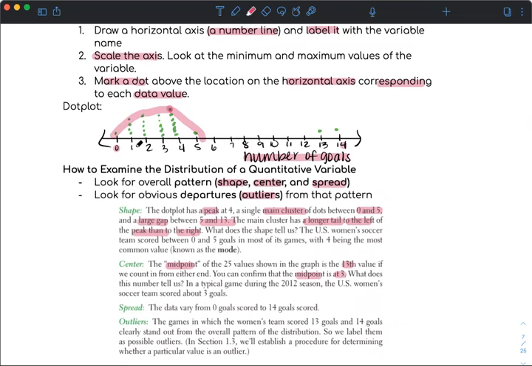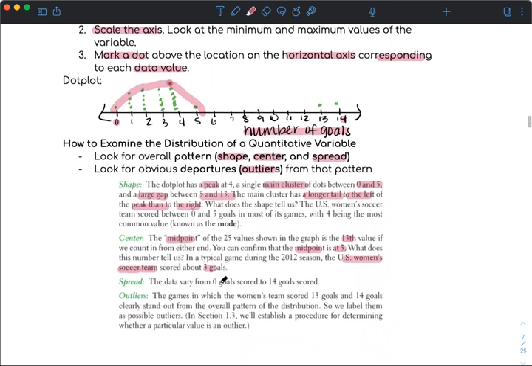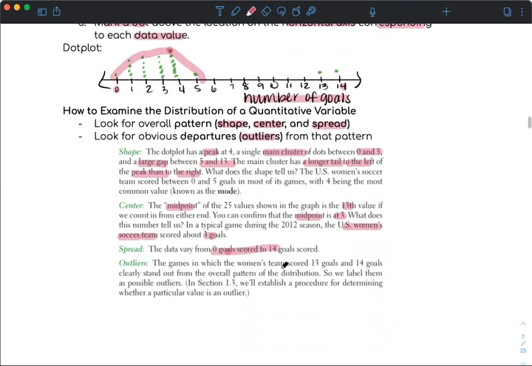So if you count off, your center value would be 3. And what it tells us is that the women's soccer team scored about 3 goals during a typical game in the 2012 season. The spread varies from 0 to 14. And outliers are 13 and 14, and they stand out from the overall pattern.